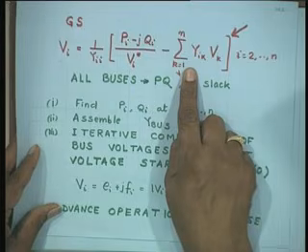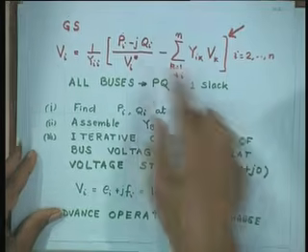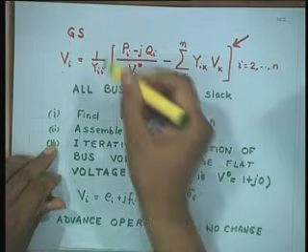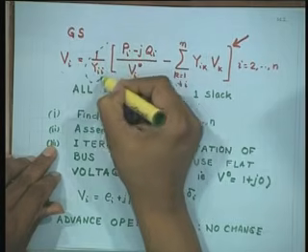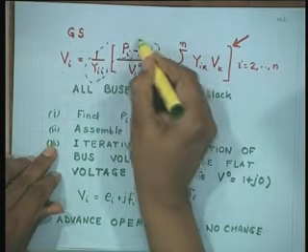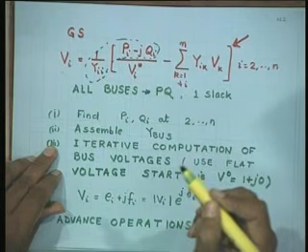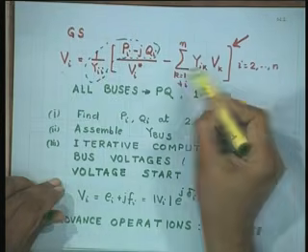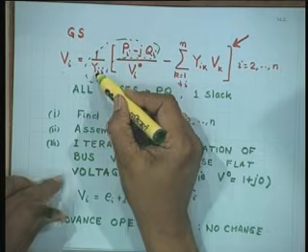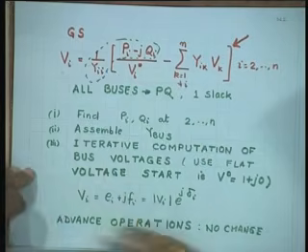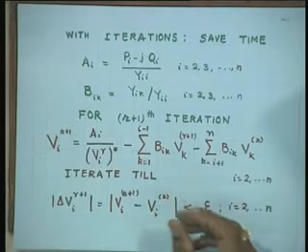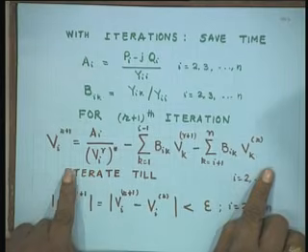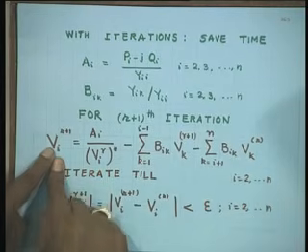This sigma I am breaking into 2 parts because of Gauss-Seidel. This is already Ai. Similarly, this divided by this is Bi. That is why I am now breaking this equation into these parts. Suppose you are at the 4th bus.